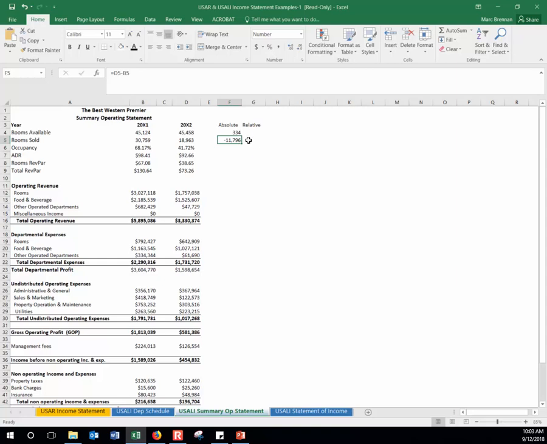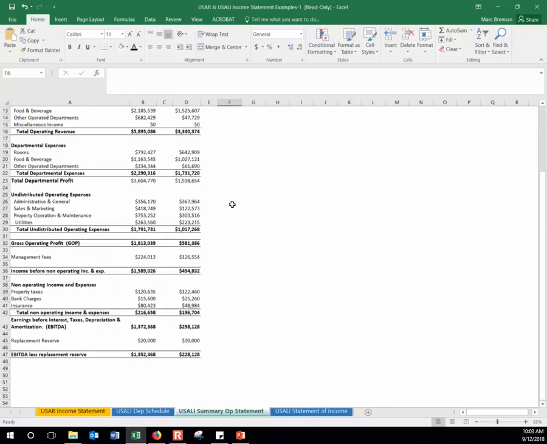I'm down almost 12,000 rooms sold for the year. I'm very concerned now as an owner. So I would then, to find out the relative difference, divide my absolute difference by the previous year. As a percentage, that's 38.35% less rooms sold. I'm very concerned here. Okay? And you could do the same for every single line all the way down.